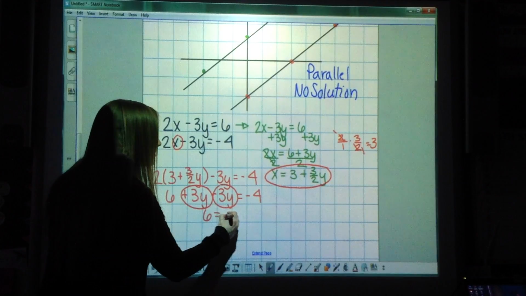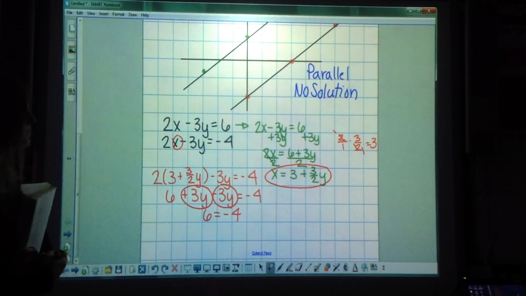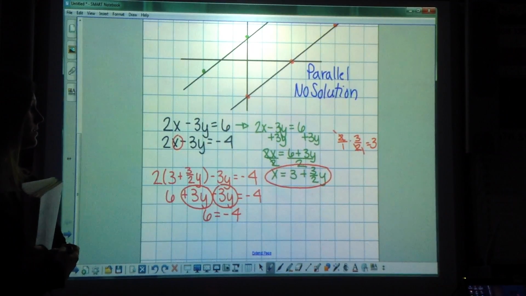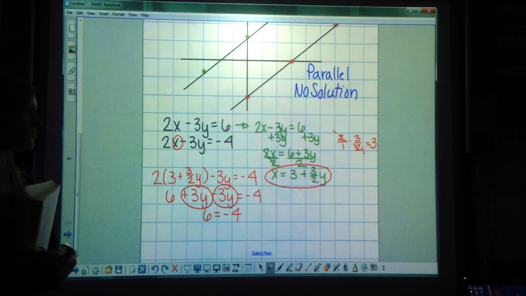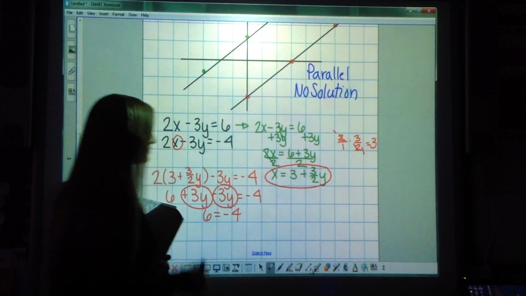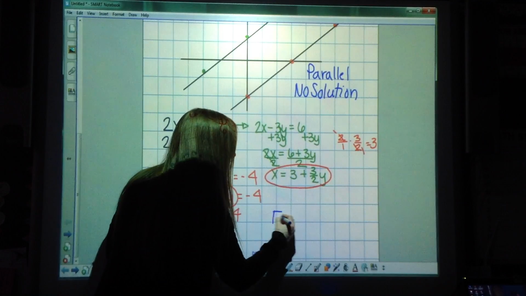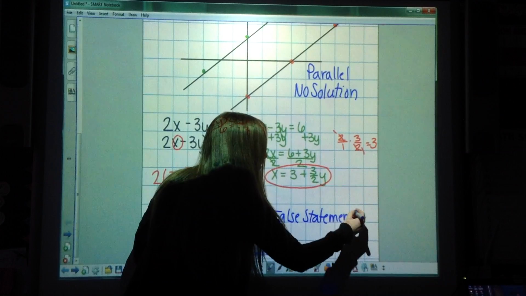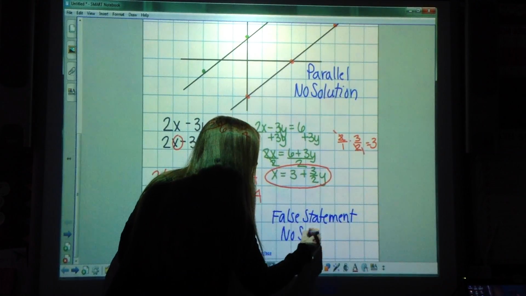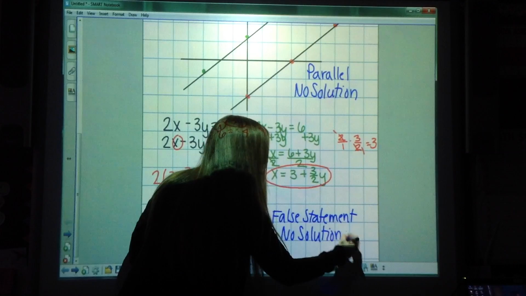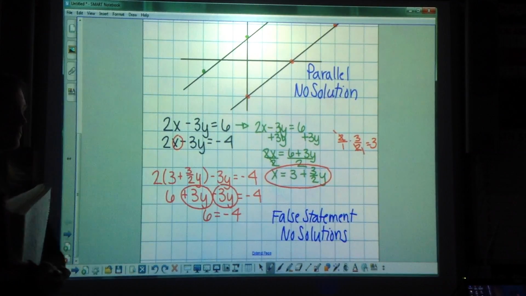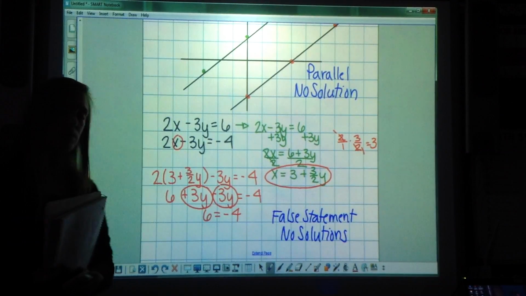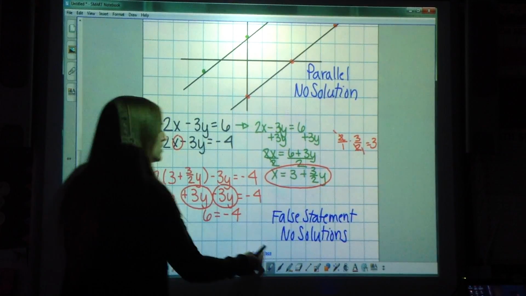I'm left with 6 equals a negative 4. Okay. When your variables cancel out and you get a false statement, your answer is going to be no solutions. Again, this only happens when your variables are gone. If your variables do not cancel out, you would do what we previously learned.